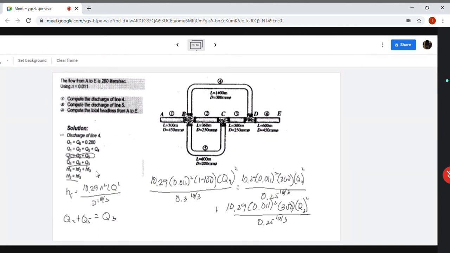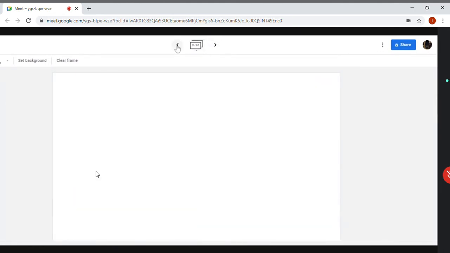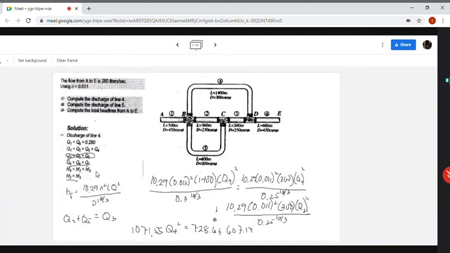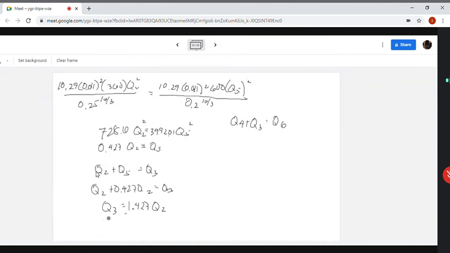So this will become 1071.55 Q4 squared is equal to 728.6 Q2 squared plus 607.17 Q3 squared. We can express Q2 as 0.7 Q3.